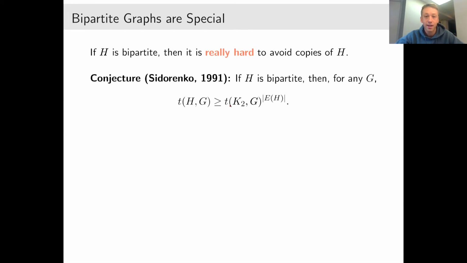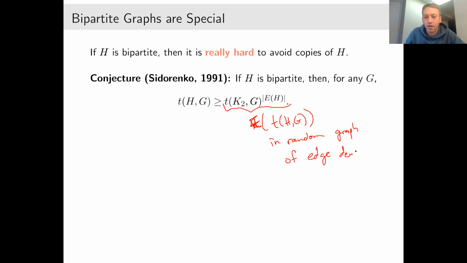Sidorenko's conjecture says that if H is any bipartite graph, then for any graph G, the homomorphism density of H in G is at least the edge density, the K2 density, raised to the number of edges of H. This right-hand side is just the expected value of t(H, G) in a random graph of edge density t(K2, G), with a large number of vertices.